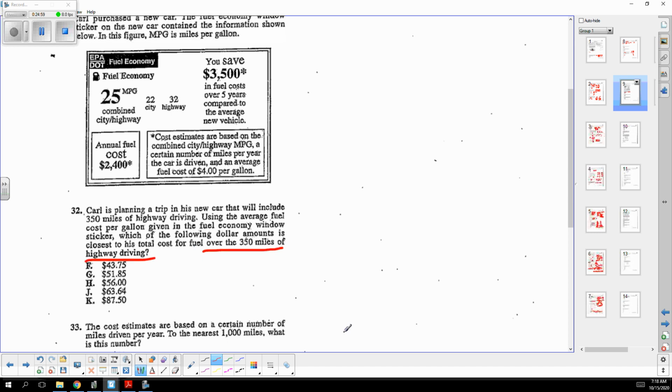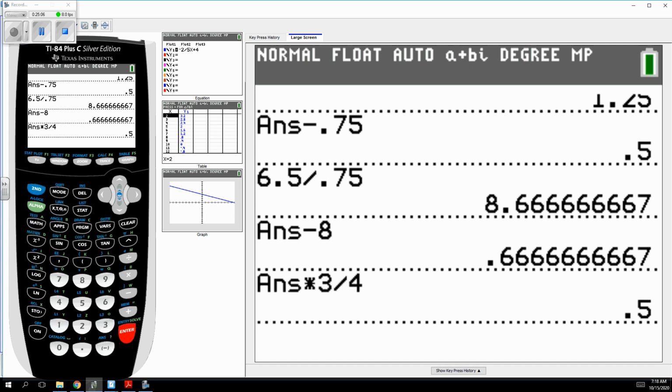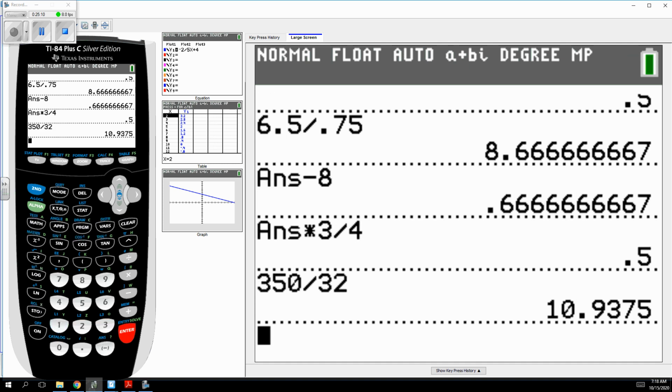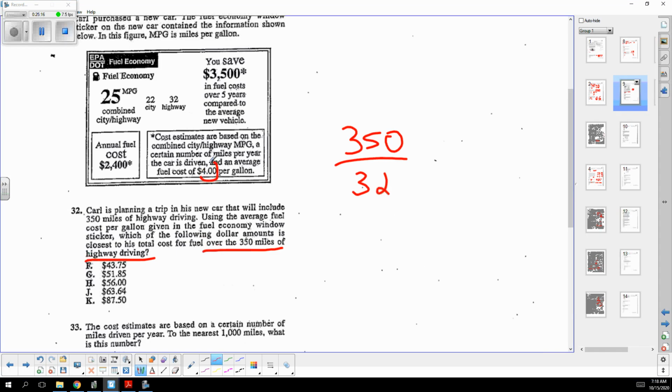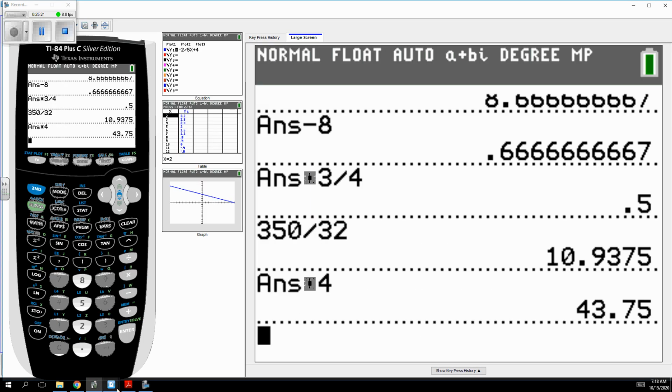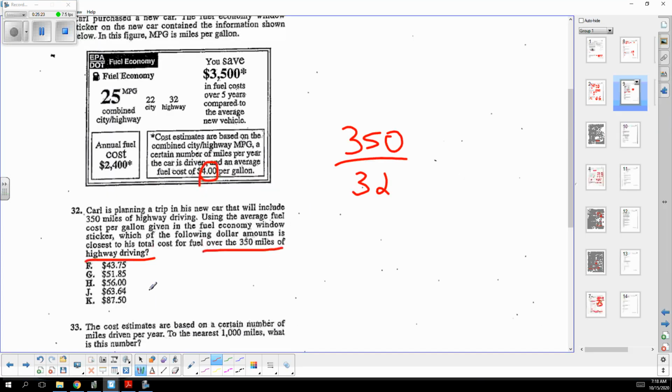So if I'm 350 miles on the highway, I get 350 divided by 32. I use that much gas, and gas is $4 a gallon according to them. So it's 43.75. I multiply by 4.